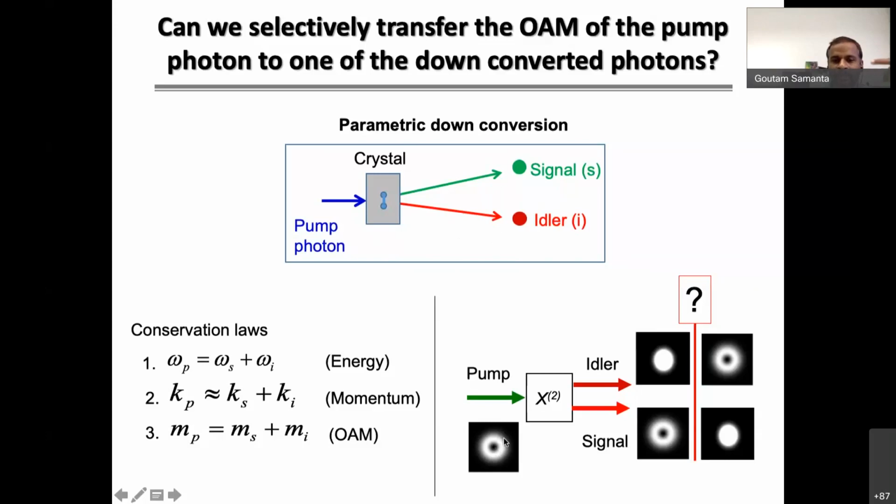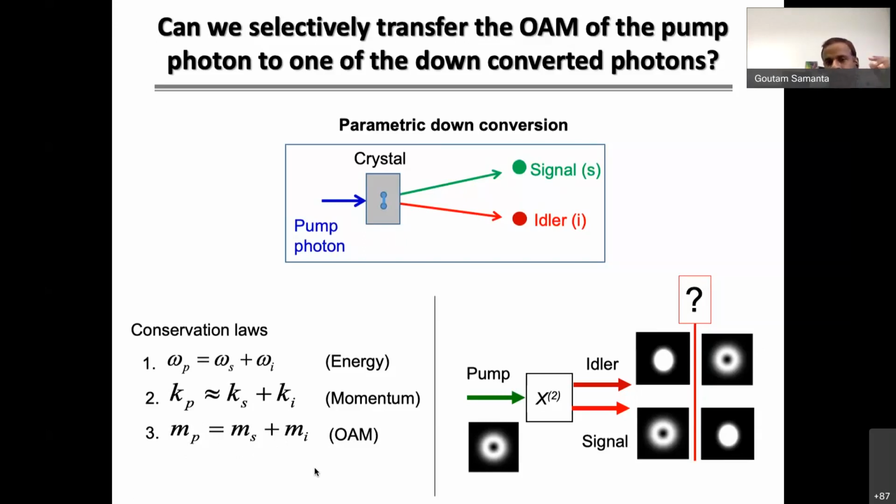Since one cannot be divided, it can either go to the signal, with the idler containing a Gaussian beam, because a Gaussian beam has OAM content 0, or the idler can have the vortex mode and the signal 0. From the conservation law, 1 equals 1 plus 0 or 0 plus 1. So which of the processes is possible in this case, and why?